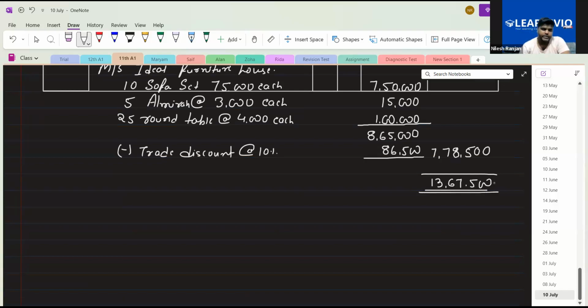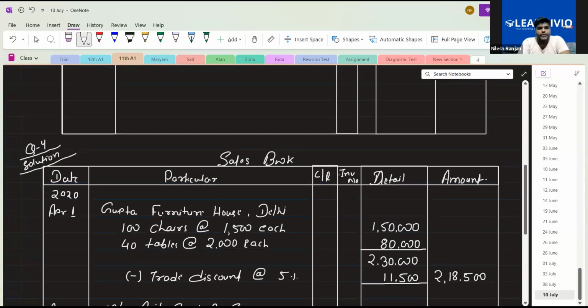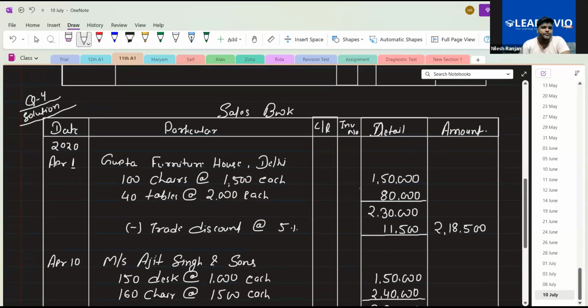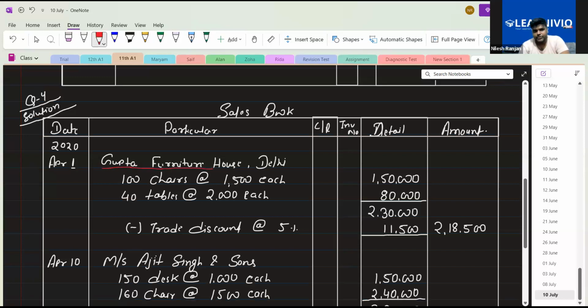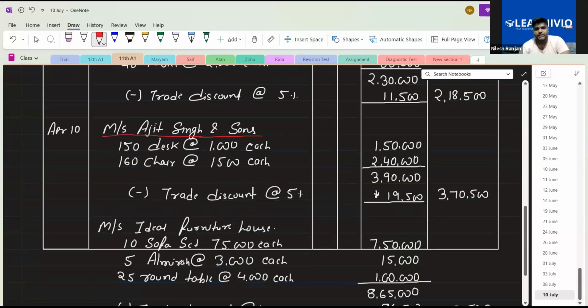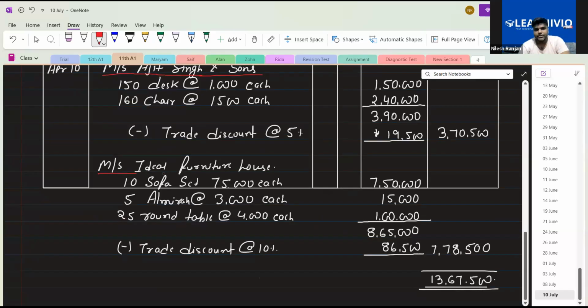Okay. So while preparing purchase or sales book, first we write the name of the business. Gupta Furniture House, Delhi, Messrs. Ajit Singh and Sons, and the third one is Messrs. Ideal Furniture.